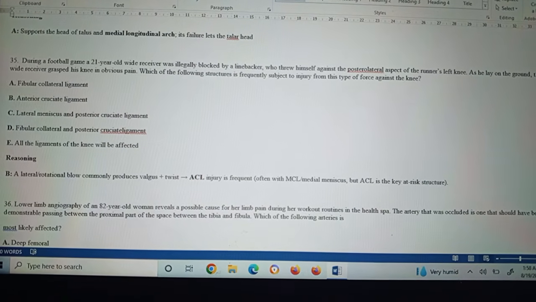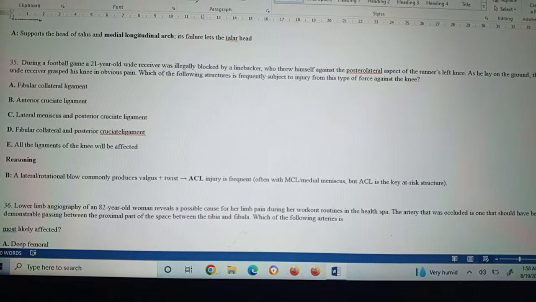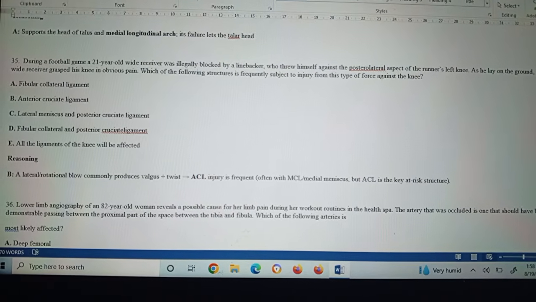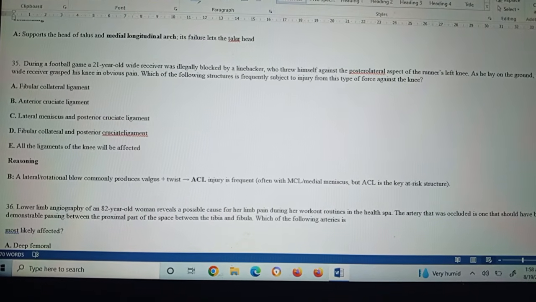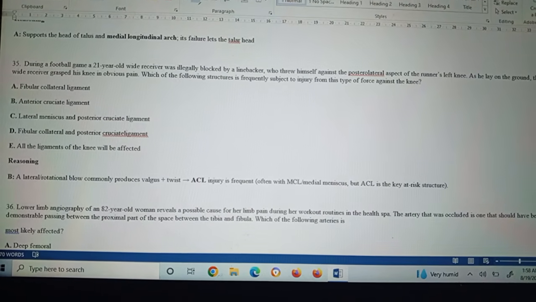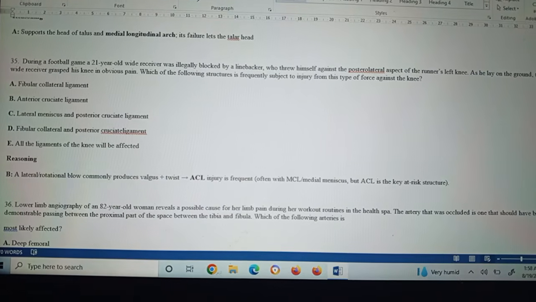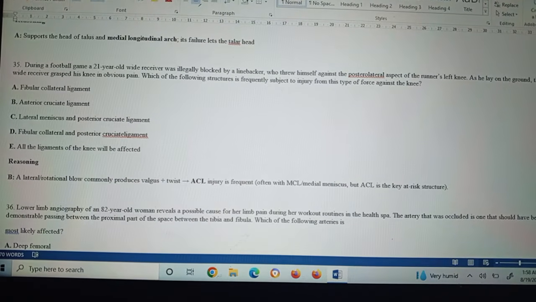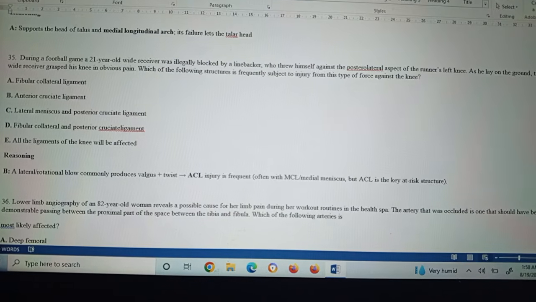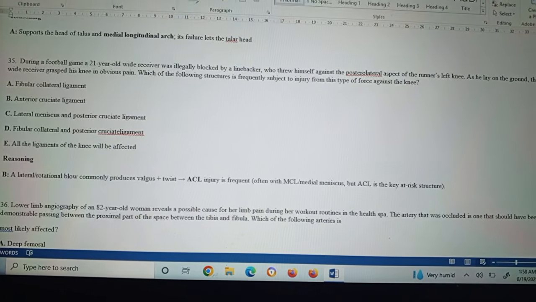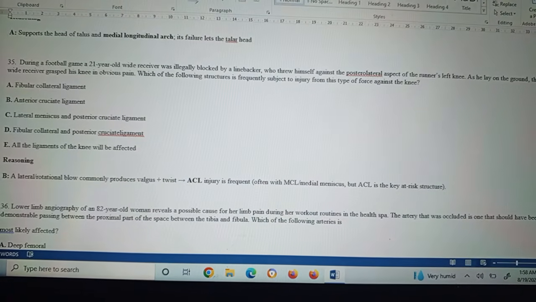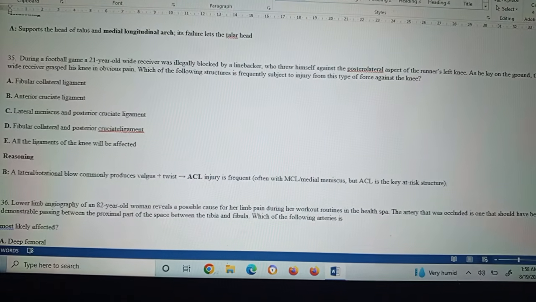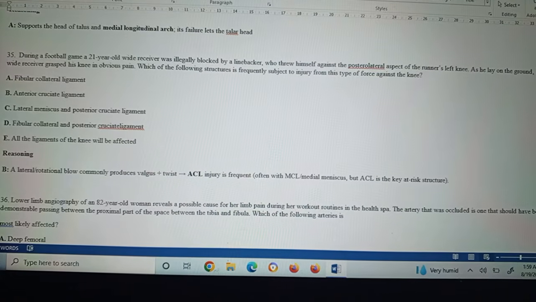Options are fibular collateral ligament, anterior cruciate ligament, lateral meniscus, posterior cruciate ligament, fibular collateral and posterior cruciate ligament, and all the ligaments of the knee will be affected. The answer is anterior cruciate ligament. A lateral and rotational blow commonly produces valgus plus twist. Anterior cruciate ligament injury is frequent, often with medial collateral ligament and medial meniscus, but anterior cruciate ligament is the key at-risk structure.